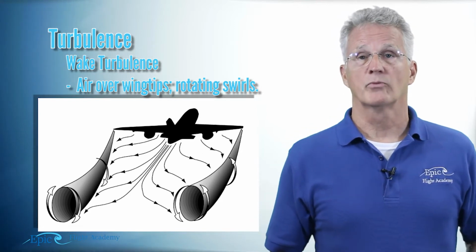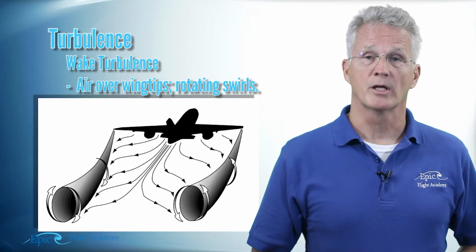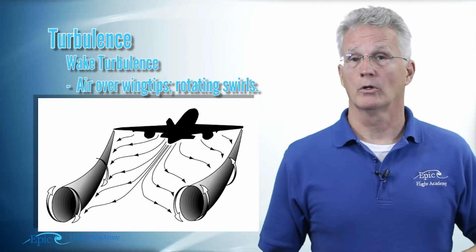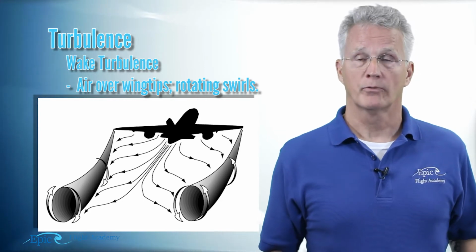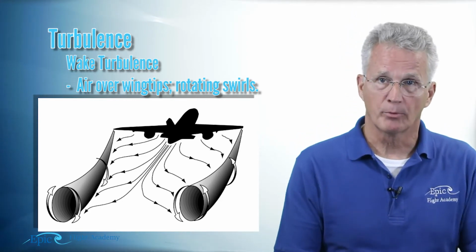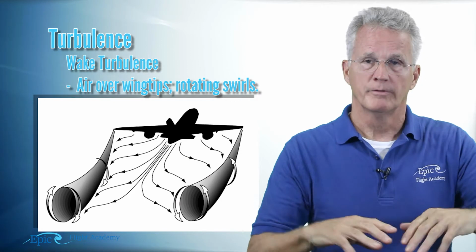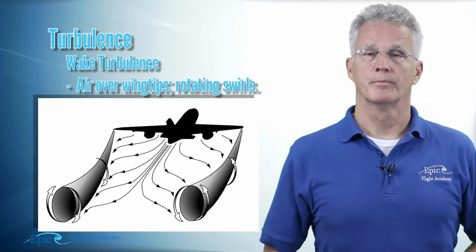Now, you're familiar from earlier lessons in aerodynamics that the wing has low pressure above it, high pressure below it, and we know from meteorology that high pressure wants to fill areas of low pressure.